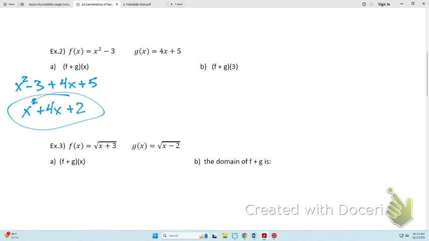Now it wants us to take this further. It wants us to plug in 3 into the f plus g function. So if you need to, write the function we just got above it, and you're going to plug 3 in place of x.